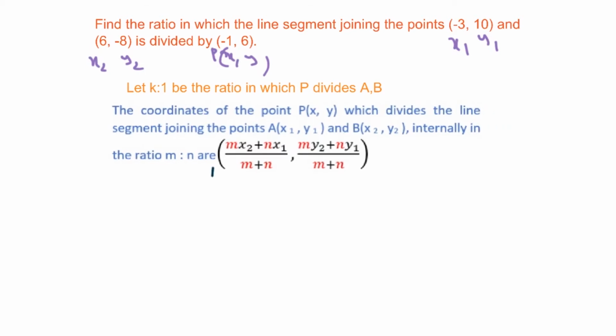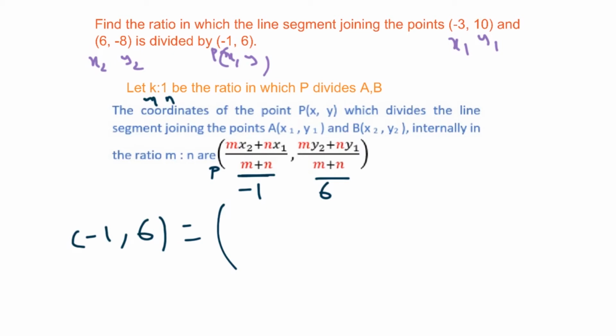So this is P. This is given as -1 and this is given as 6. Let us substitute in the formula. (-1, 6) is equal to mx2. This is our m, this is n.